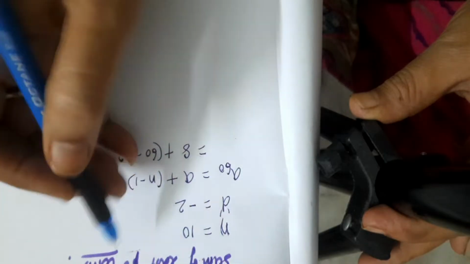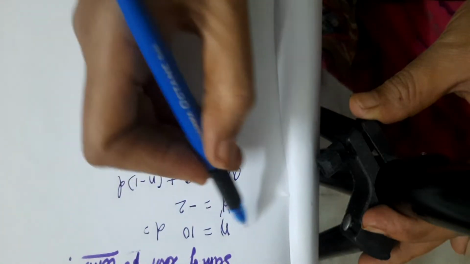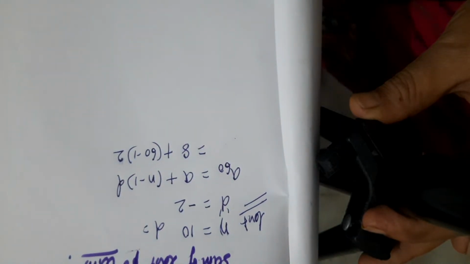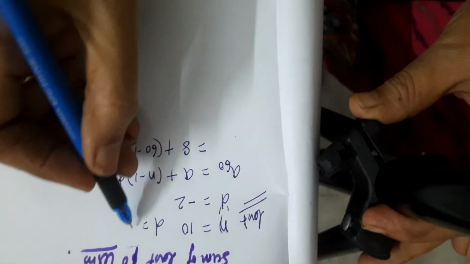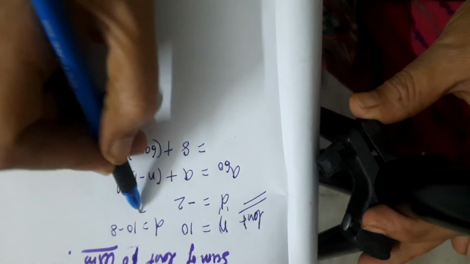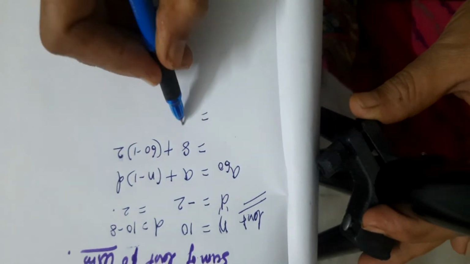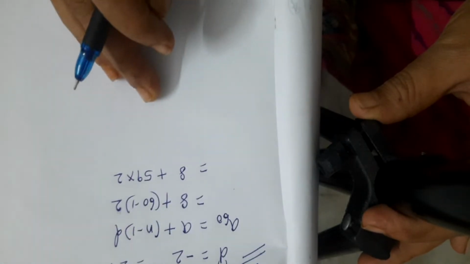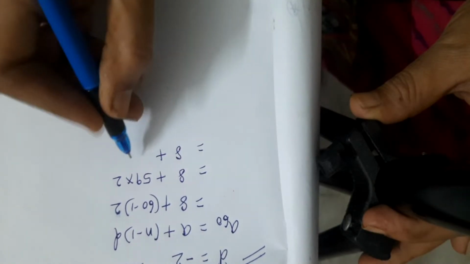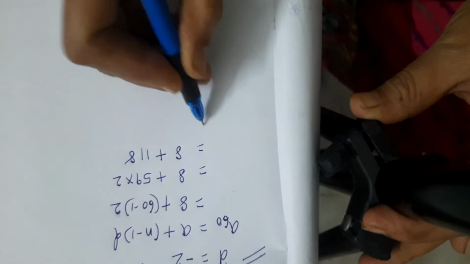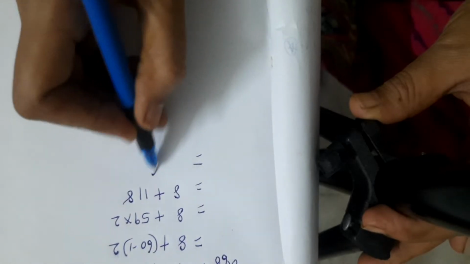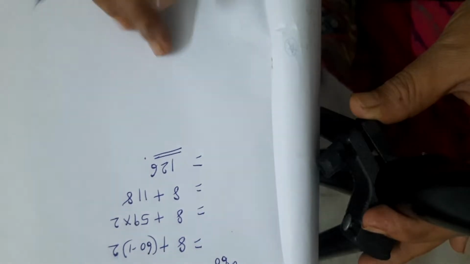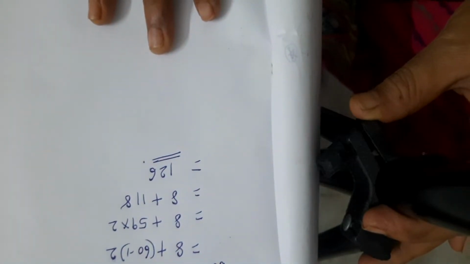For this case, d is taken as 2 when finding the last term; when we find the sum, we use the negative. Put in all the values: 8 plus 59 multiplied by 2, which is 8 plus 118, which is 126. So we got the 60th term.